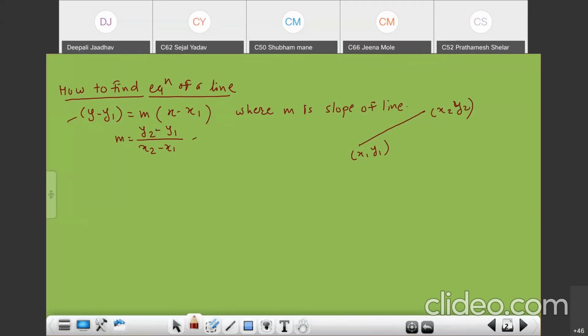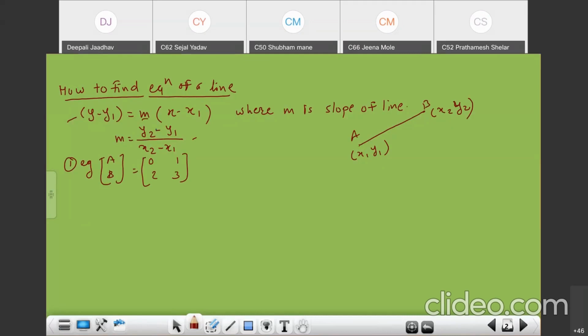Let us see a simple example first. Suppose A and B are two points, the end points of a line: (0, 1) and (2, 3). We need to find the equation of the line.